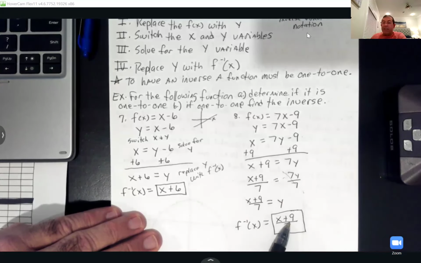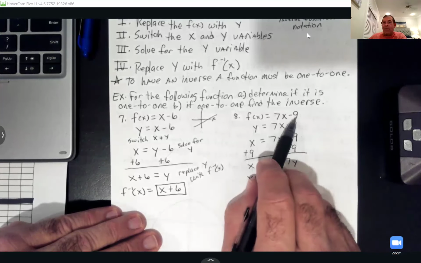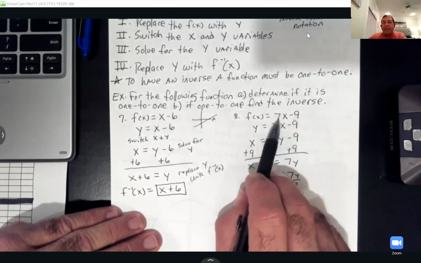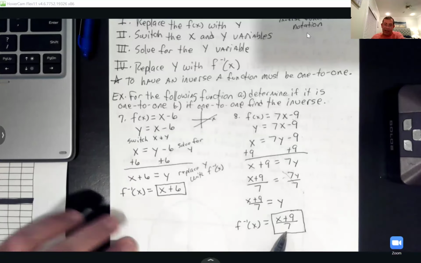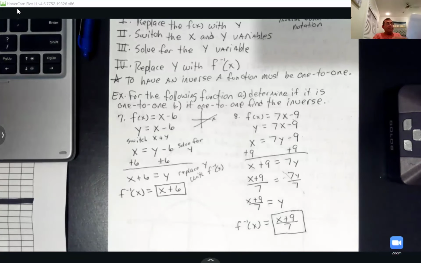Now look, this 9 was added, this 9 was subtracted. This 7 was being multiplied, this 7 is being divided. So a lot of opposite moves you'll notice with these answers, okay?